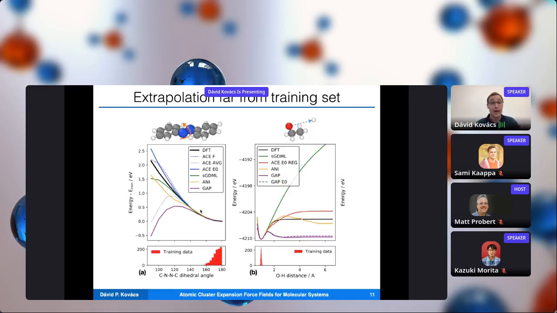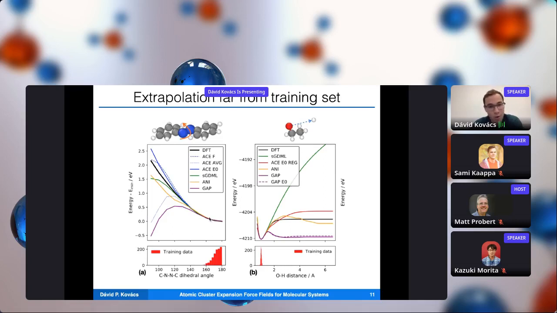And it can also do extrapolation far from the training set. What I'm plotting here is a dihedral torsion of this azobenzene, and how the energy changes as we rotate along this double bond. What's interesting is that the training data only covers the range of 180 to 160 degrees.